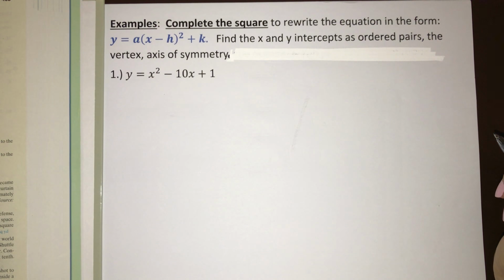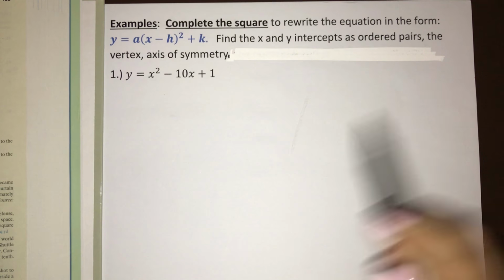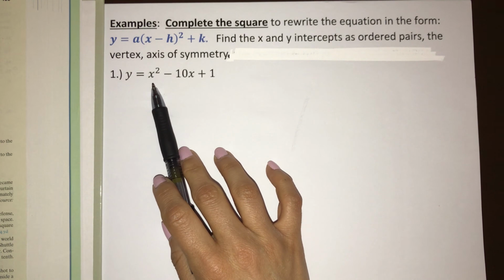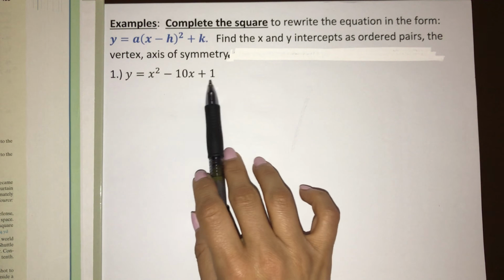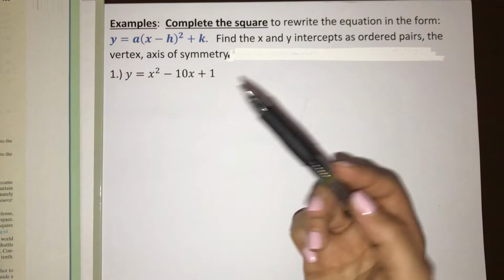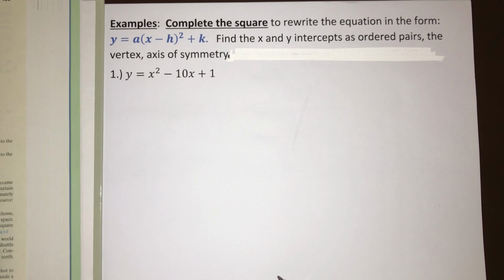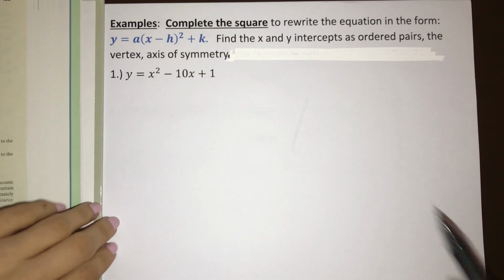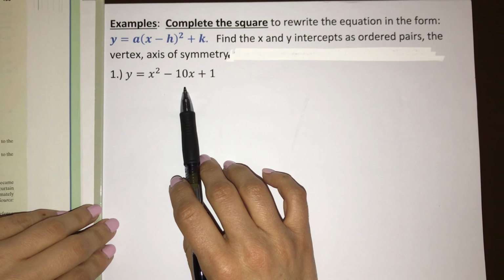We want to start by completing the square here, and notice that we can't factor this equation, or do anything to it except maybe use the quadratic formula. So we're going to complete the square, and this is how we're going to do it.